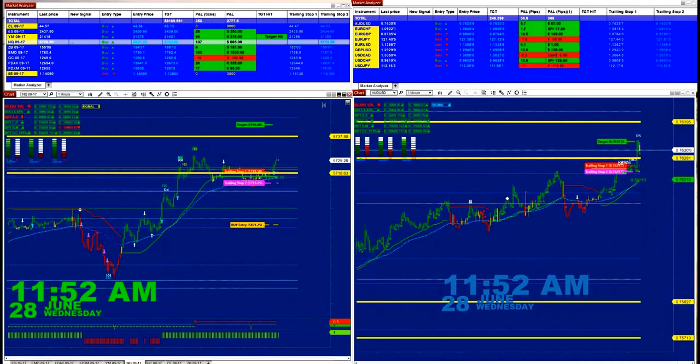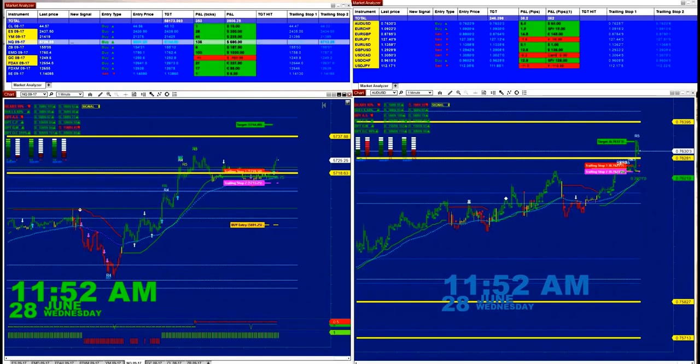The market analyzer is based on one entry, one contract. Again, the market analyzer is telling you the entry, the exit, and the target, and it is based on one contract, 1 minute. That's what it's designed to do.